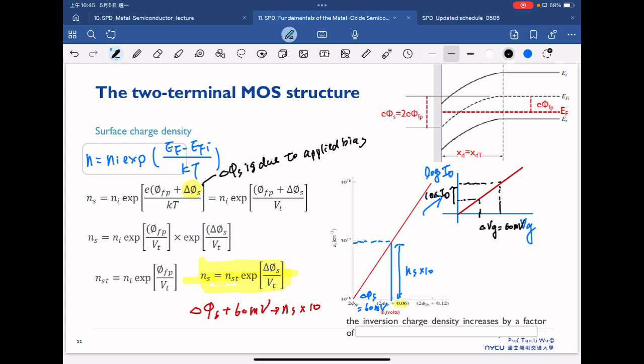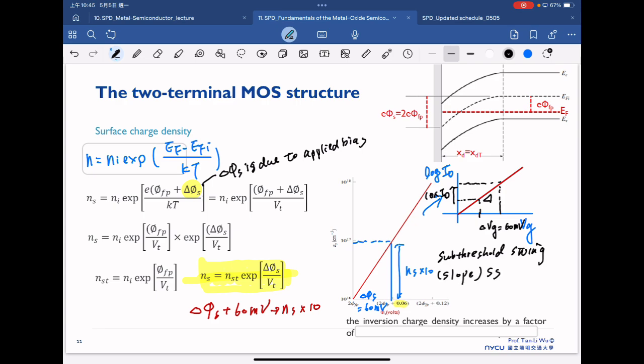So if you try to calculate the slope here, the slope is what we call the subthreshold swing, or the subthreshold slope, SS.